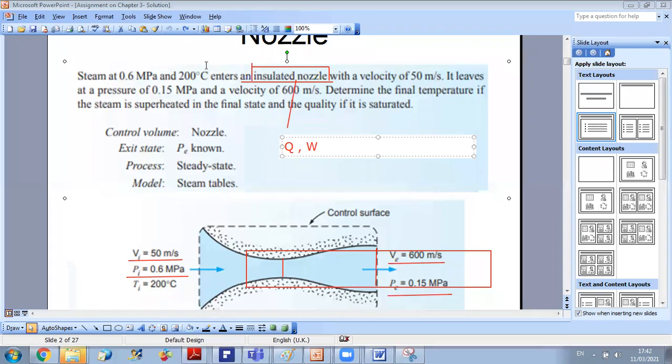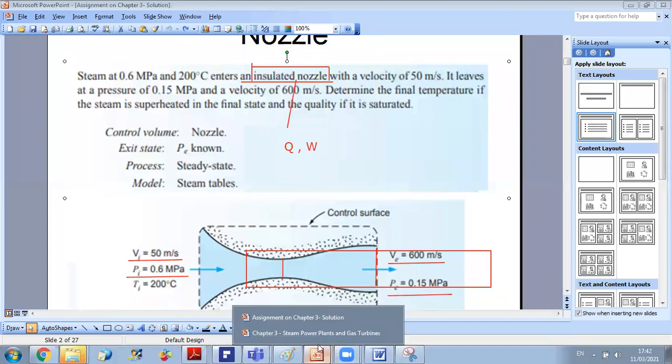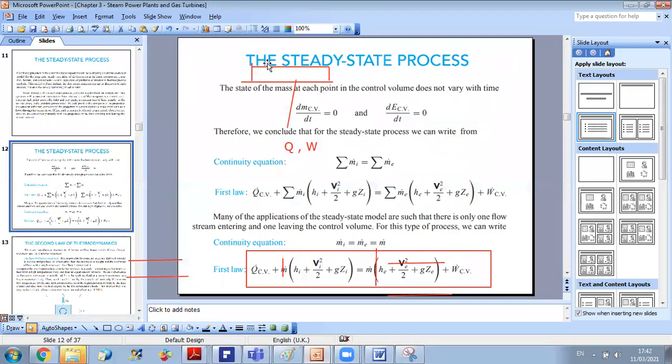So going back to my equation here, I can say that no heat, so the first term is cancelled out. I know that in steady state application, m dot in equals m dot out. So after saying that no work also, since m dot in equals m dot out from the continuity equation in steady state conditions, this means that the inlet flow rate is equal to the exit flow rate.